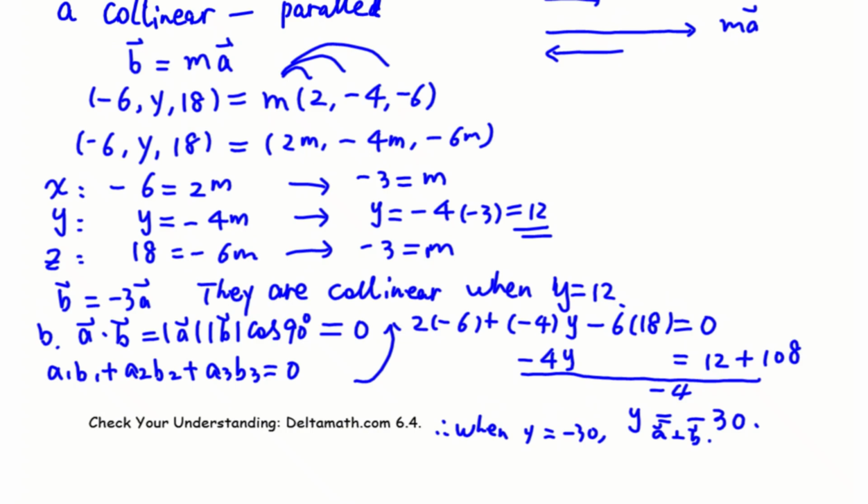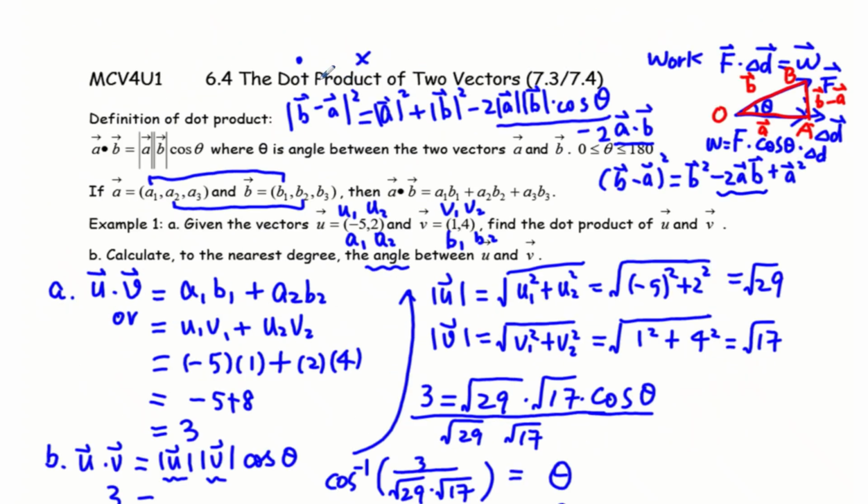So what we have covered for this lesson is the dot product. It's one of the multiplications of two vectors. And the dot product equation is the magnitude of each vector times the cosine of the angle between the two vectors. So an application is work in physics.